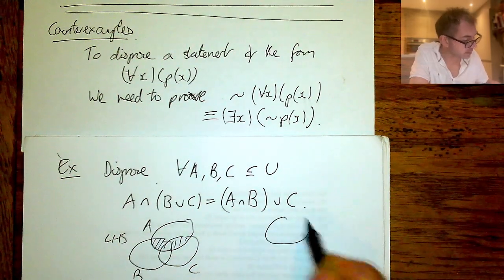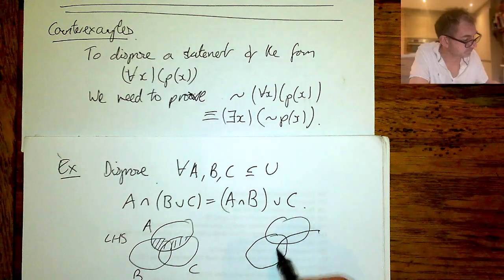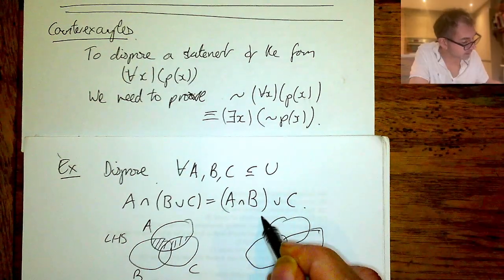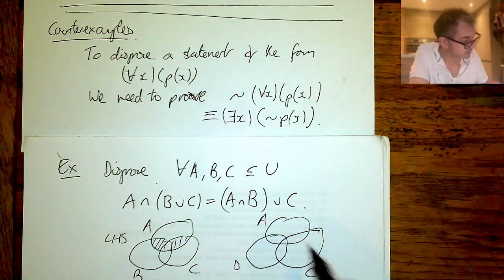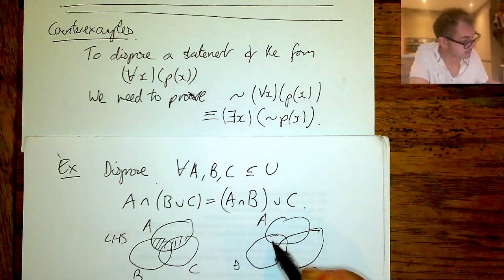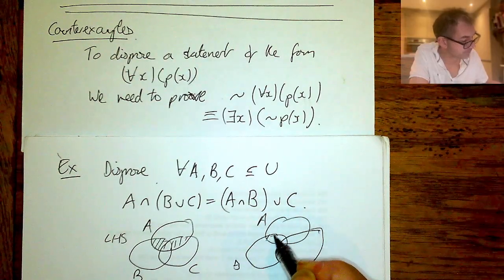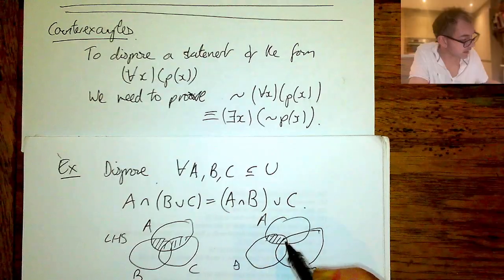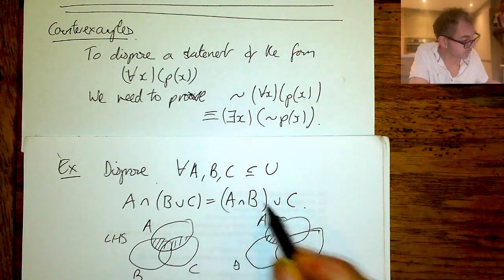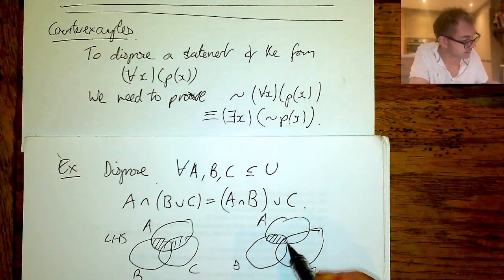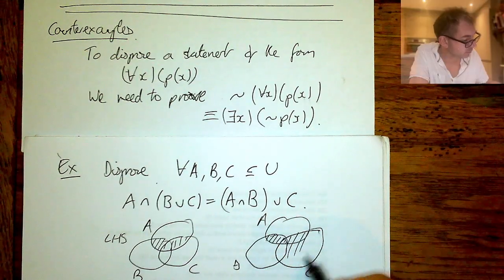And the right-hand side is going to be A intersect B, and I'm going to take all of that intersection together with anything in C. So I get all the stuff I got before, but I get a lot more.